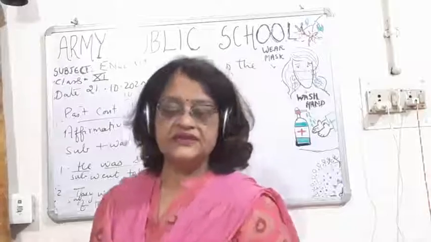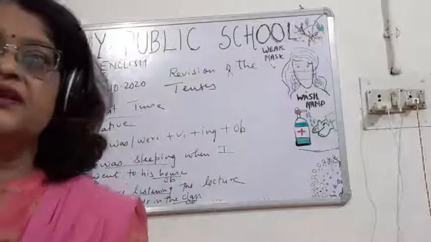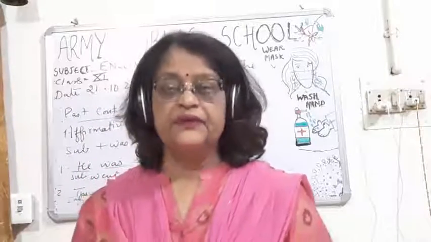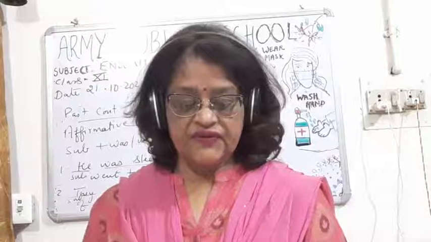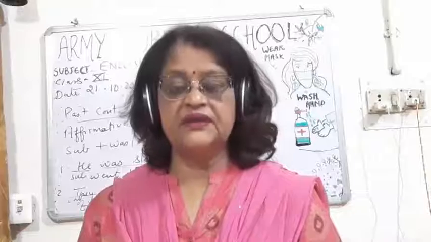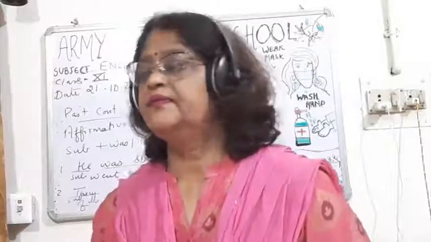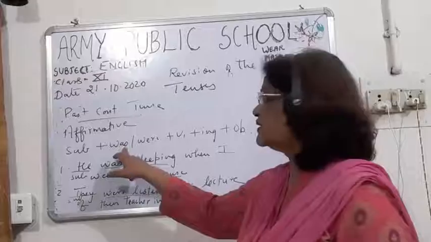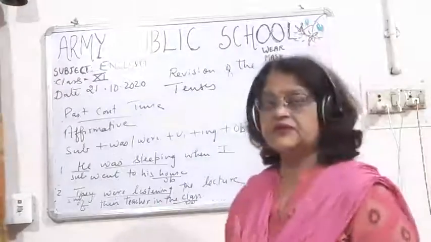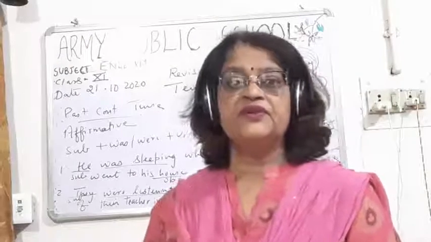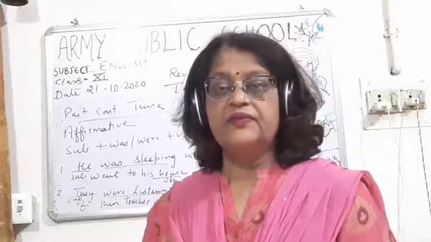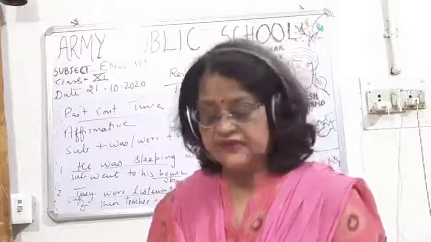So they were listening to the lecture of their teacher when I went there. Now children, the sentence structure of affirmative sentence is subject plus was or were plus V1 plus ing plus object. With singular we use was, and with plural we use were. Alright, now I will be telling you about the negative sentence.